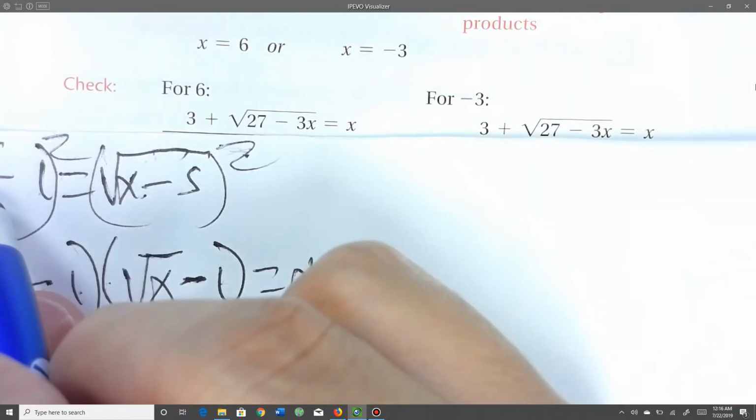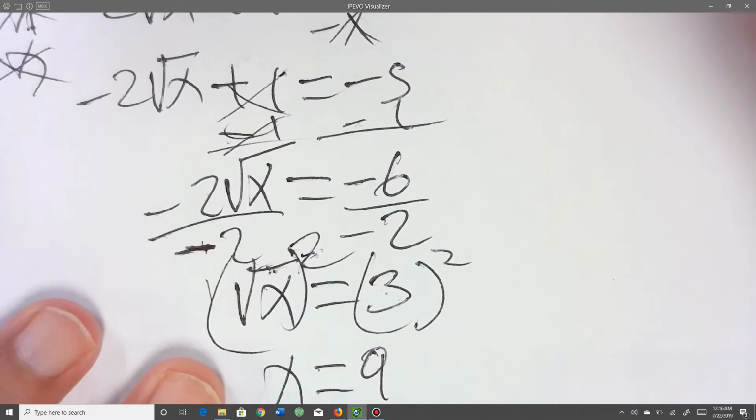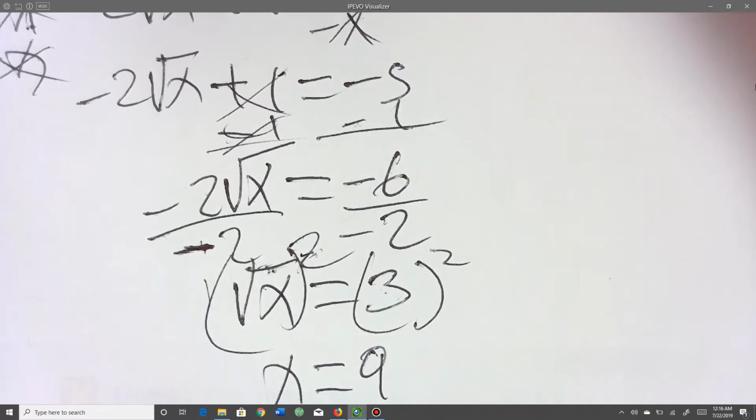Okay, so I'm just rewriting. Oh, what was the original equation? It was the square root of x, square root of 9 in this case, minus 1 equals, and I'm just looking at my equation down here. I will move the paper.